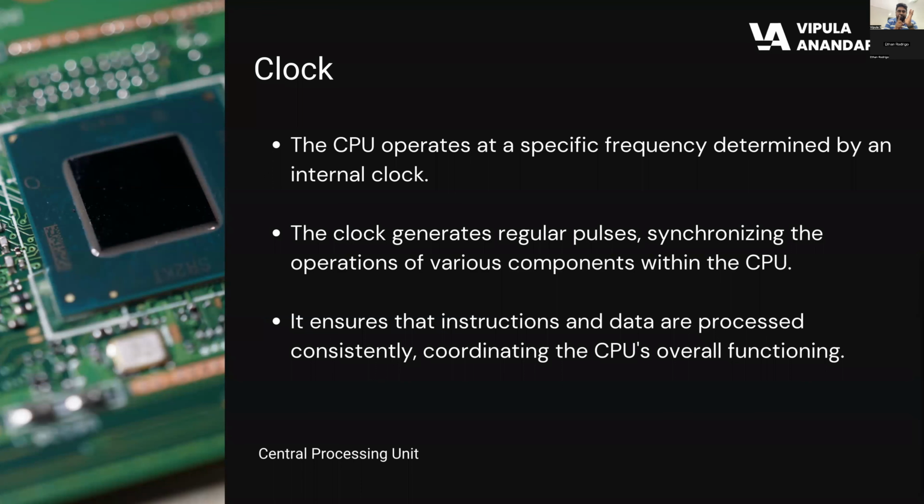Every time something needs to happen, you need to have a pulse. This pulse is a specific frequency which is defined in the CPU itself, so that everything will be synchronized according to this particular cycle.